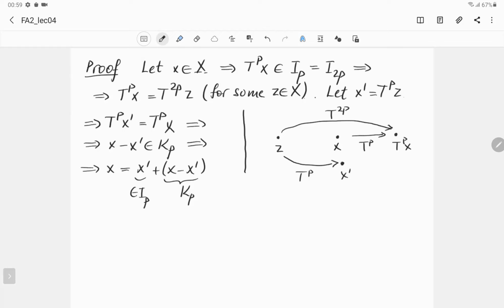And this formula implies that X is indeed the sum of Kp plus Ip.